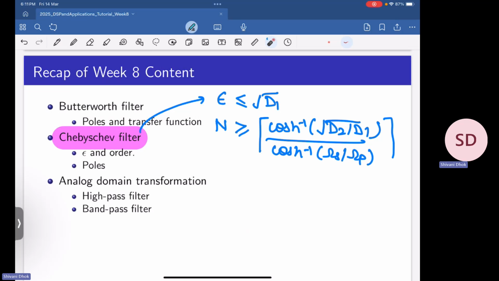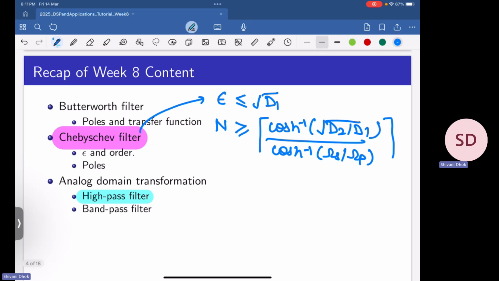The next important thing that we discussed was how to design a filter that is not low pass, that is, either a high pass filter or a band pass filter. Band stop filter we'll look at in the next week. So this week we looked at high pass filter and band pass filter. For a high pass filter we do an analog transform.